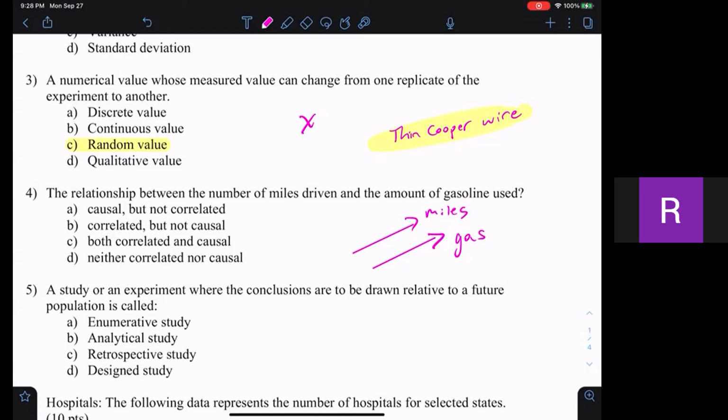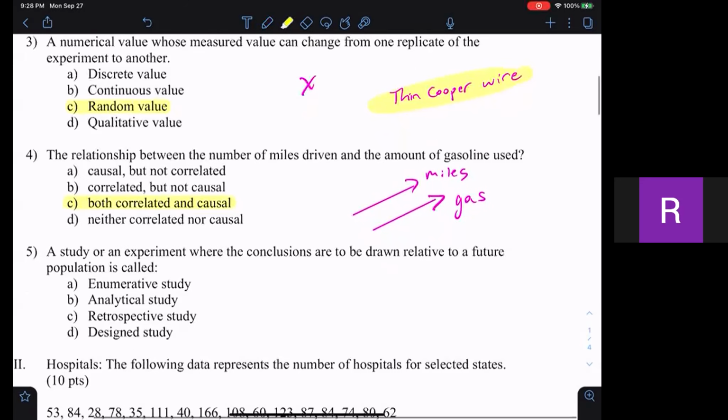So there's a cause and effect, and there's also a correlation. It should be both correlated and causal. As one goes up, the other goes up, so they are positively correlated and there's also a cause and effect. That would be the answer.